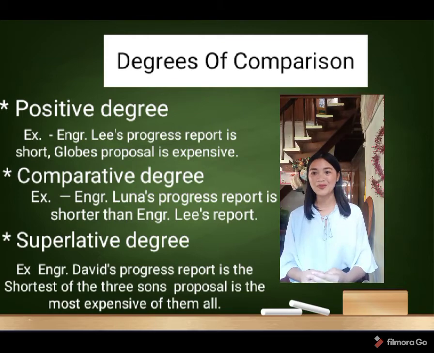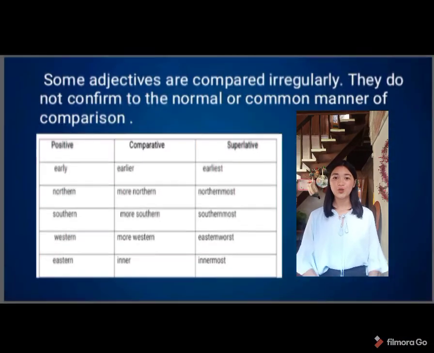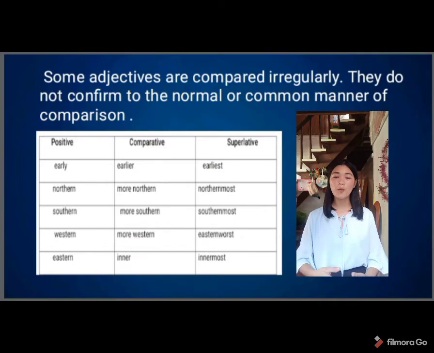In these degrees of comparison, the positive degree, comparative degree, and superlative degree, we can identify their differences and we can use them in comparing various things.